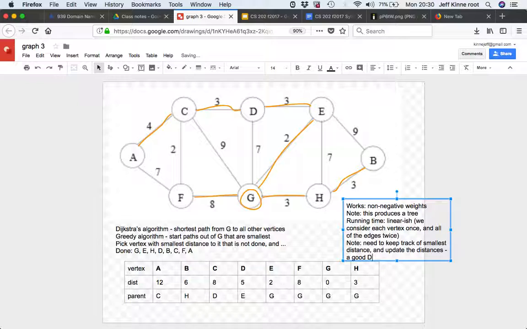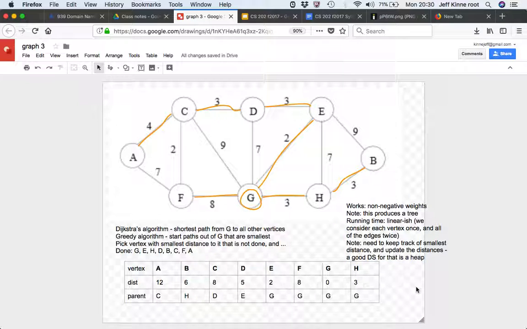A good data structure for that: a heap is good at keeping track of the smallest of something and updating values. Alright, so that's Dijkstra's algorithm for finding the shortest path from one vertex to all the others. That's one of the algorithms we're supposed to be able to do. So I could ask you, given a graph and a start, draw the shortest paths that Dijkstra's algorithm comes up with.